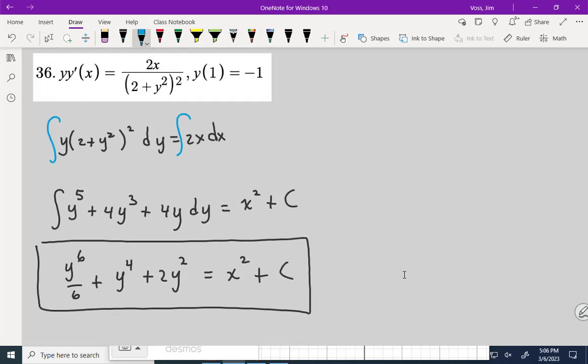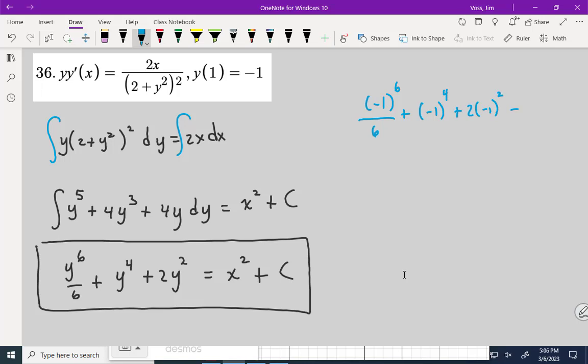And if we come over to our initial value, that says that y is equal to -1 when x is equal to 1. So we're going to have -1 to the 6 over 6 plus -1 to the 4, and plus 2 times -1 squared.